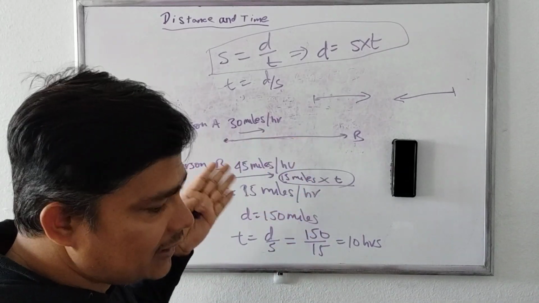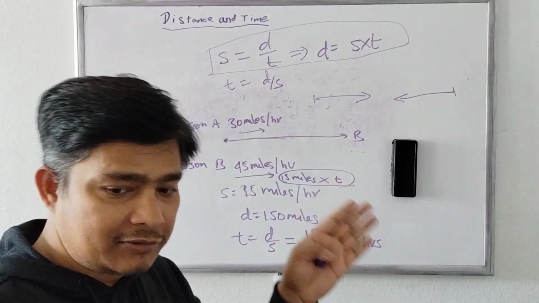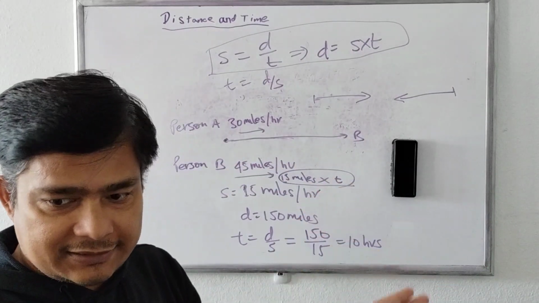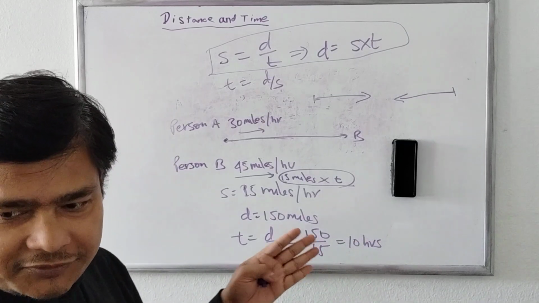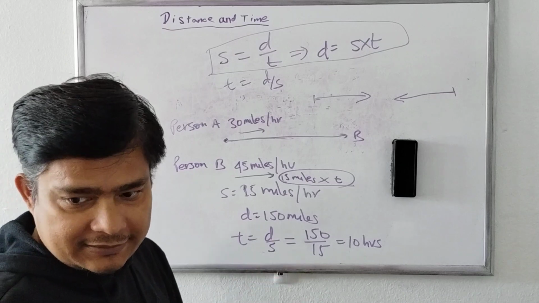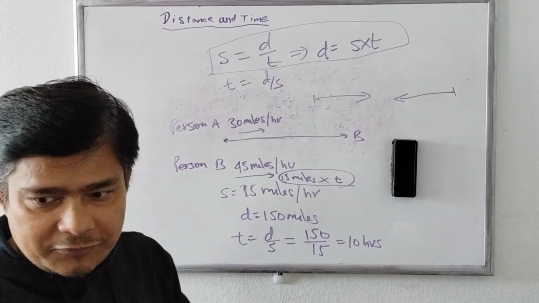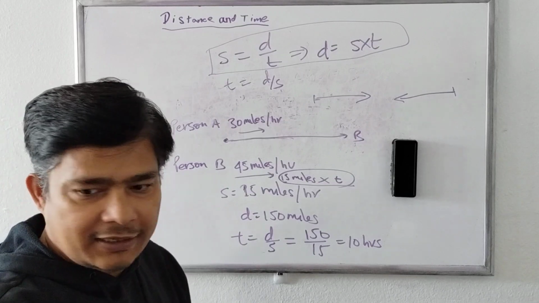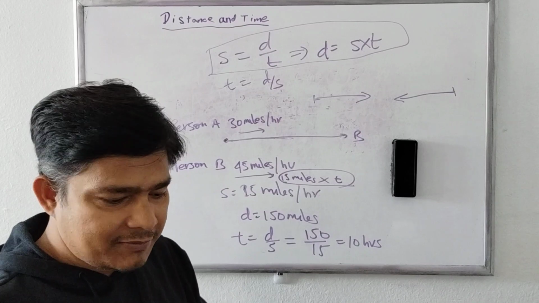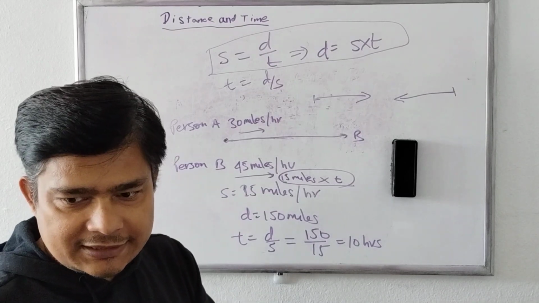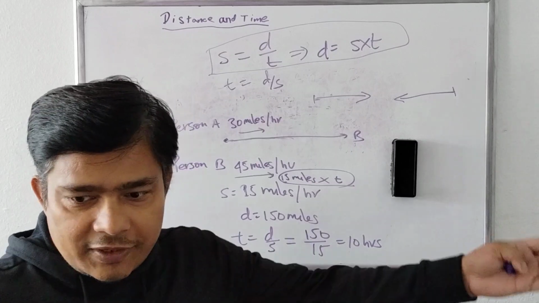At the same time, when they are going the same direction, although they are covering the distance, the distance is less. The separation between those two objects will be less because they are going the same direction. It's kind of like a race. If two cars are racing, and one car is going at 25 miles per hour and another at 60 miles per hour, we don't have to sum because they are not going in opposite directions.